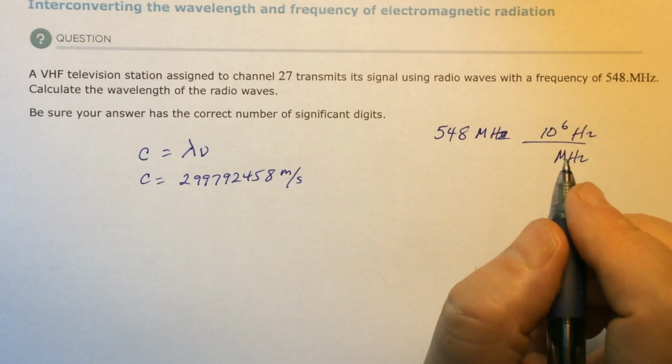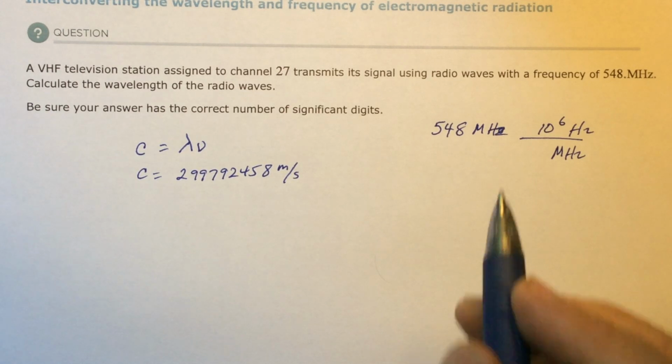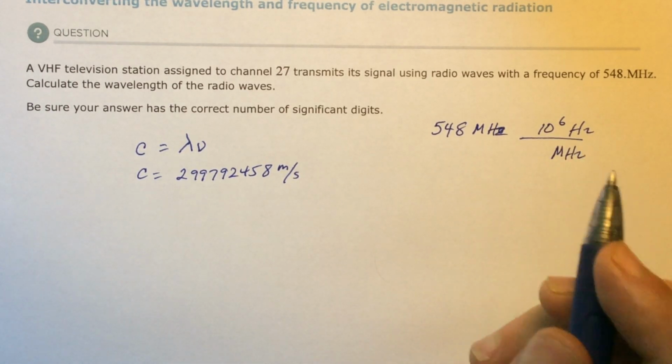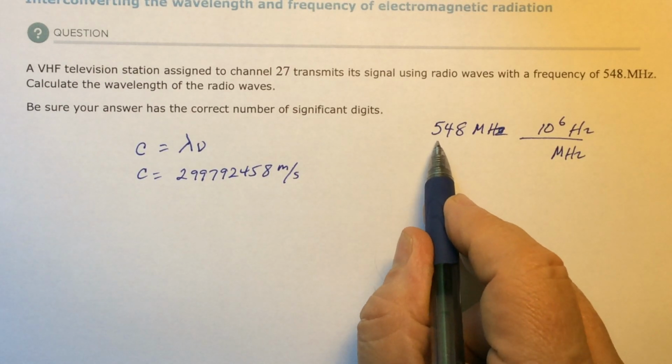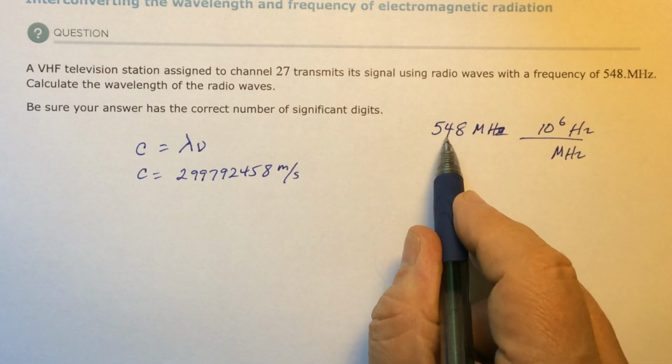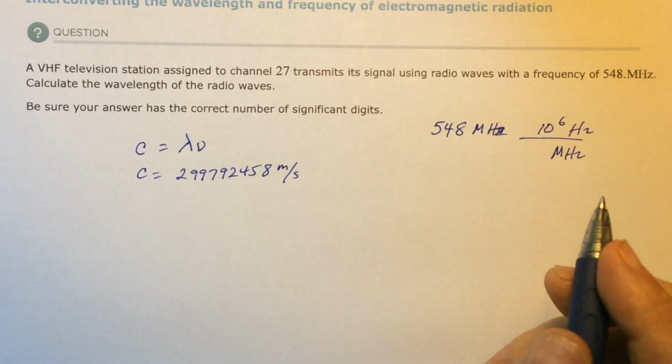So it'll be 548 times 10 to the 6. If you're going to do it in scientific notation, it would have to be 5.48, and then this 6 would go up to 8. So 5.48 times 10 to the 8.